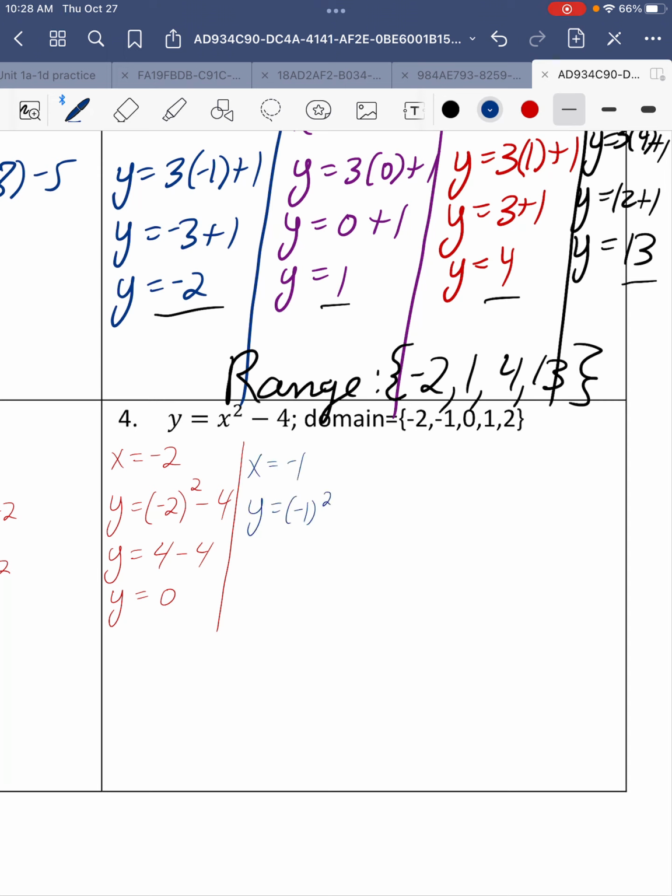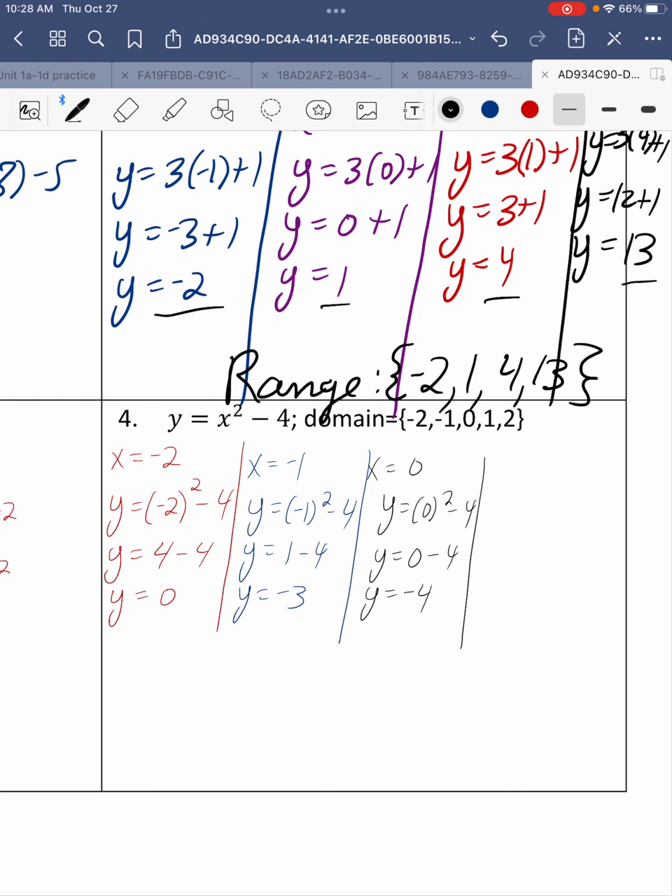So let's substitute negative 1 in. Negative 1 squared is positive 1. Minus 4 is negative 3. Let's substitute 0 in. 0 squared minus 4. 0 squared is 0. 0 minus 4 is negative 4.